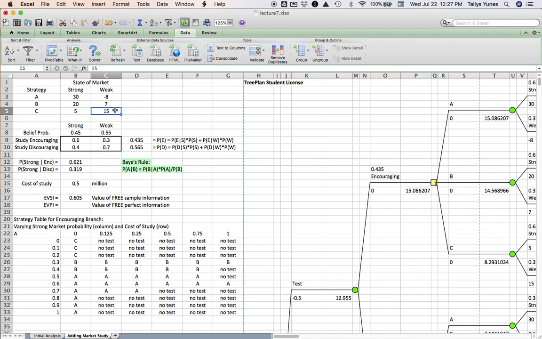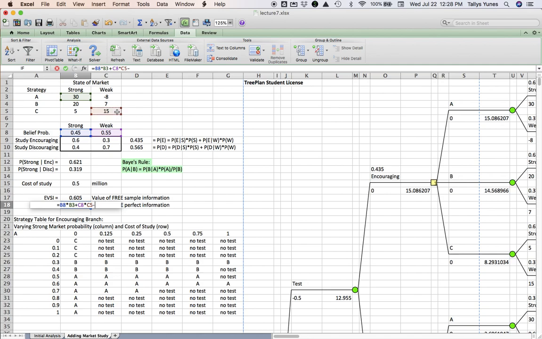So if you had a crystal ball, there is a 45% chance you would make 30 million because you would choose A when the crystal ball says strong, and a 55% chance you would make 15 because the crystal ball would say weak and you would choose C. So this is how well you would do if you had the ball.